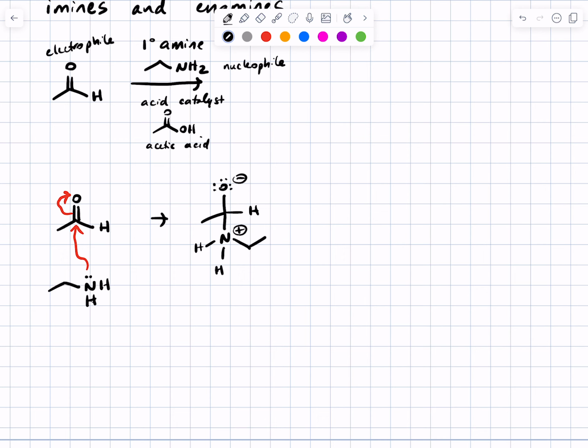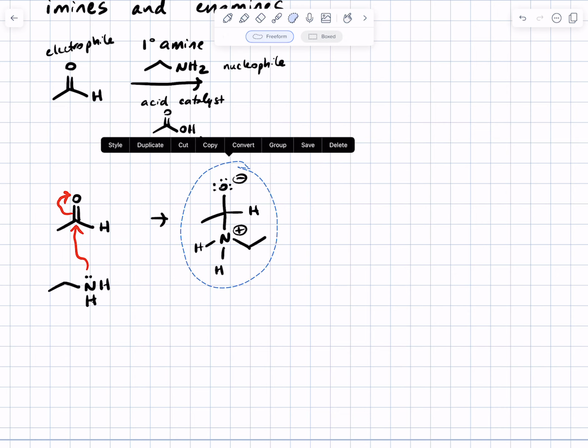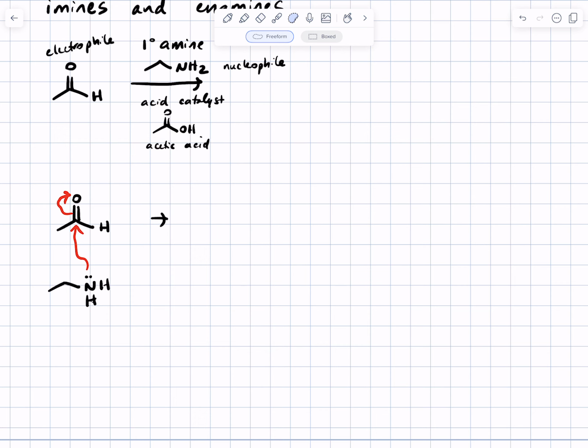At this stage your text would show the acid protonating the oxygen. That's fine. You can learn it that way. I don't have any problems with that, though I want to show you what the evidence says is often happening instead of that.